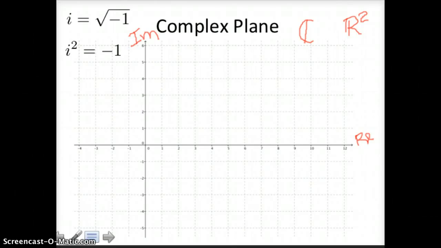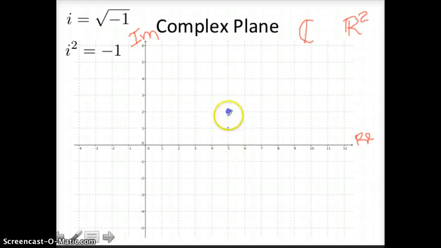So let's talk about locating a number in this plane. In general, we would refer to a number in the plane using its coordinates. Let's talk about a number located in this part of the plane. I'm sketching something here.